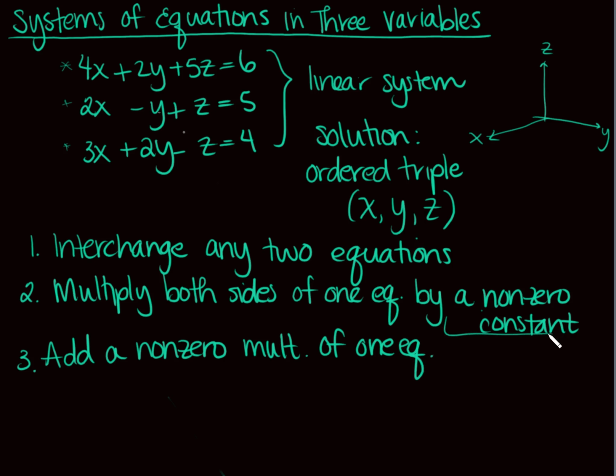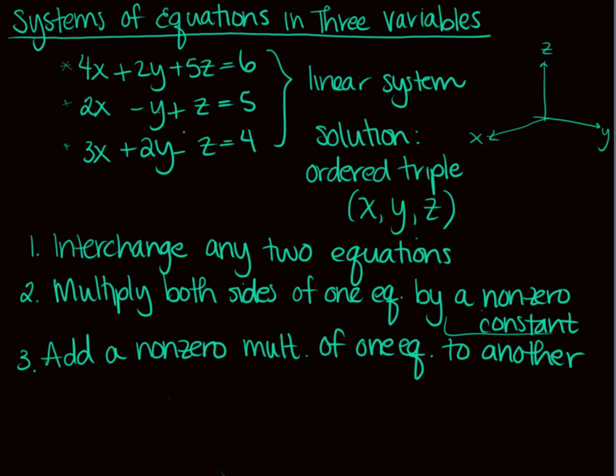So we can interchange any two equations, multiply both sides of one equation by a non-zero constant, and add a non-zero multiple of one equation to another. Our goal is going to be to get rid of one variable in two equations and then break it down to a system of two equations, which we know how to solve using substitution or elimination.